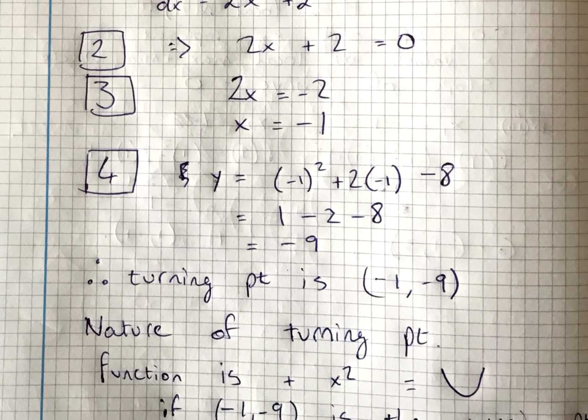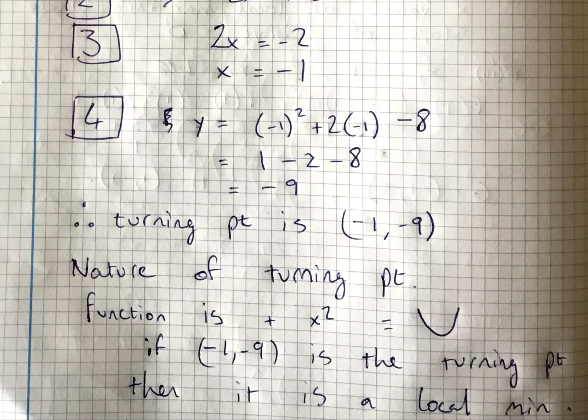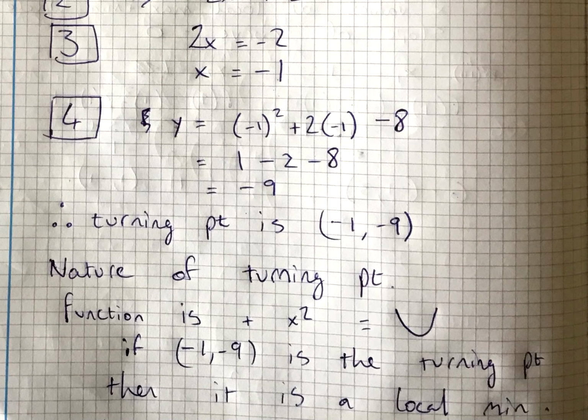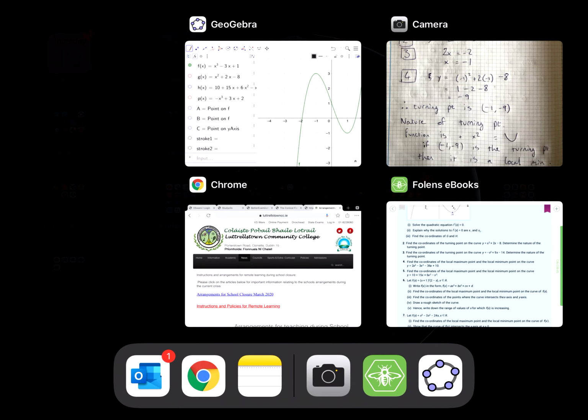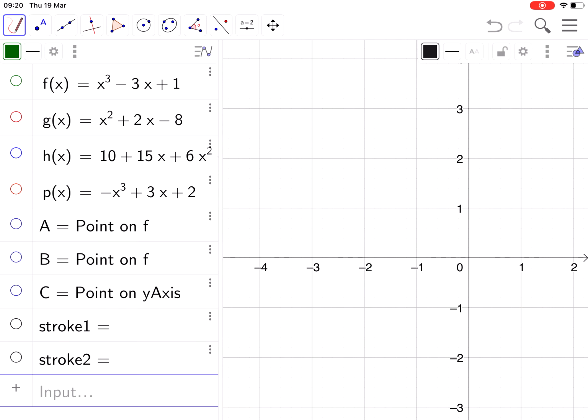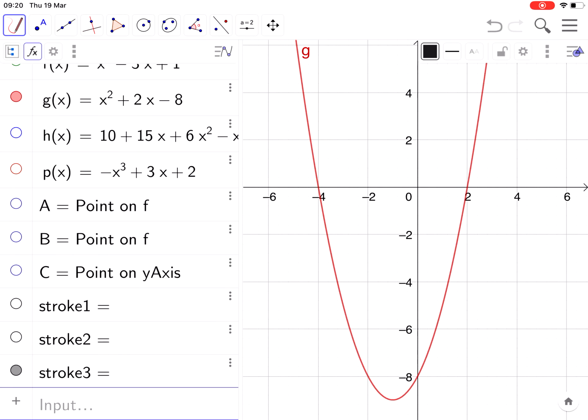Now, it also asks for the nature of the turning point. So this is where we get into it. I'm going to go back to GeoGebra and show you here. Okay, so the function, get rid of that one, and this is the function for question 2. All right, that's what it looks like. You can see it there in the top left, the red dot, x squared plus 2x minus 8.